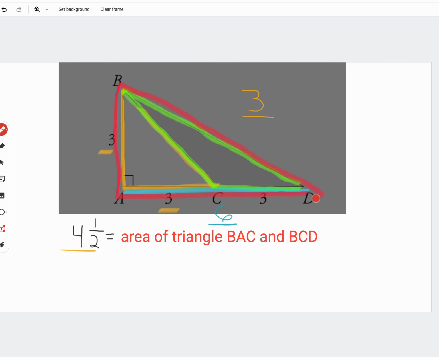This is our entire triangle. DAB will be 9. We know that the area of the unshaded triangle is 4.5, so what would be left for the shaded part? Another 4.5. 4.5 times 2 is 9. 9 will be the area for triangle DAB.